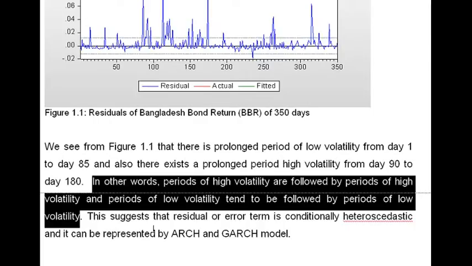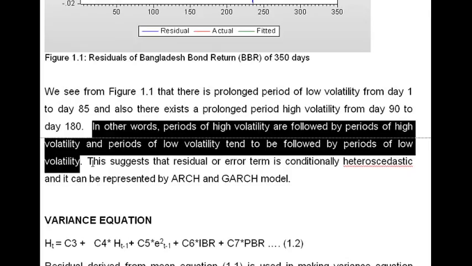So I am saying here, this suggests that residual or error term is conditionally heteroscedastic, and it can be represented by ARCH and GARCH model.